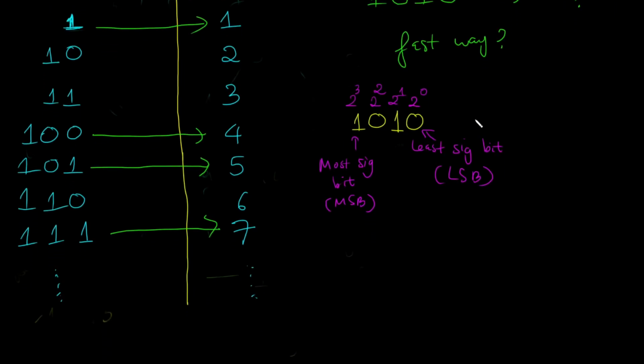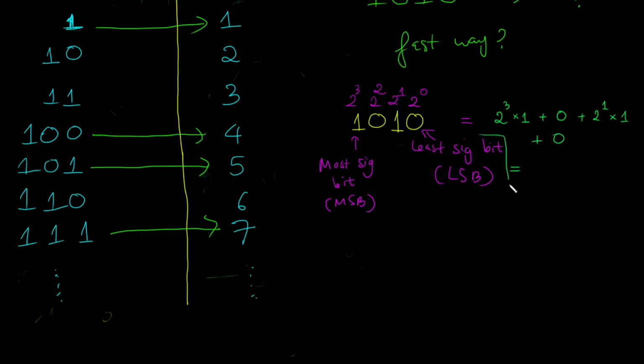So from here you're going to do something like this. 2 power 3 you're going to times 1, and 2 power 2 you're going to times 0, and then 2 power 1 you're going to times 1, and lastly here you're going to have 0.